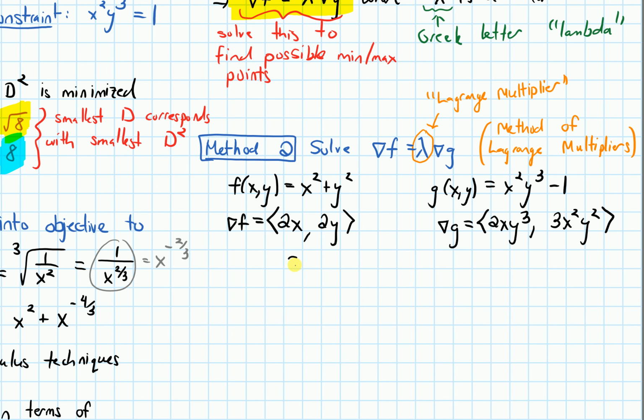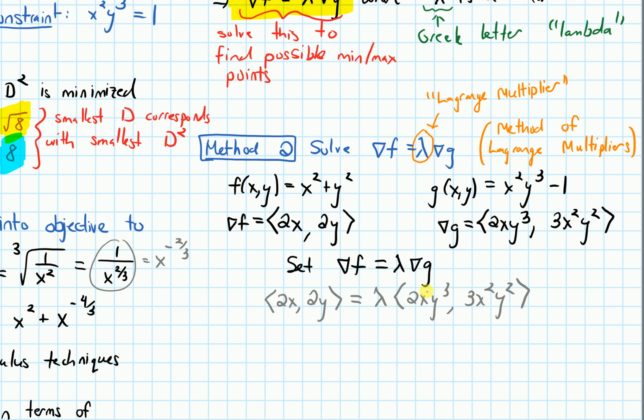Now let's set the gradient of f equal to lambda times the gradient of g. The gradient of f is 2x comma 2y, and that's going to be equal to lambda times the gradient of g, which is 2x y cubed comma 3x squared y squared.